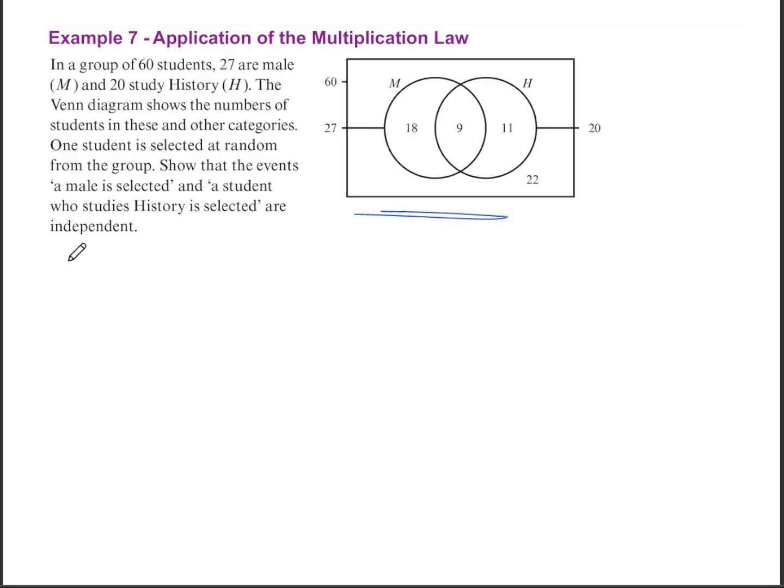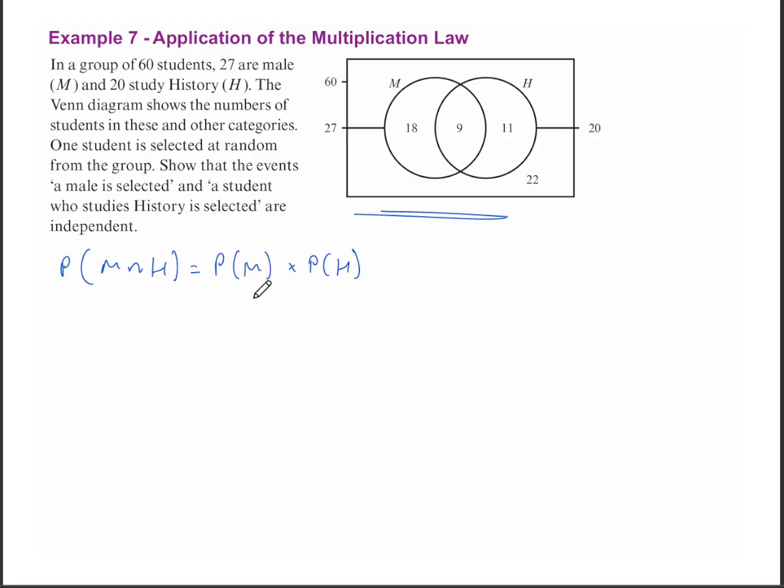So what we have to do basically is just show this is equal to the probability of M multiplied by the probability of H, because that's the condition for independence. If they are equal to one another, then we know that the events are independent of one another.